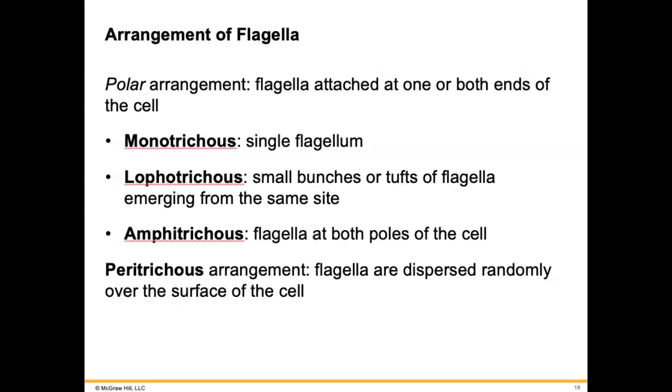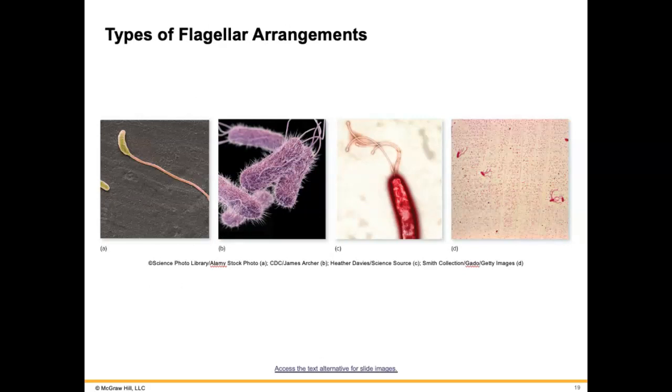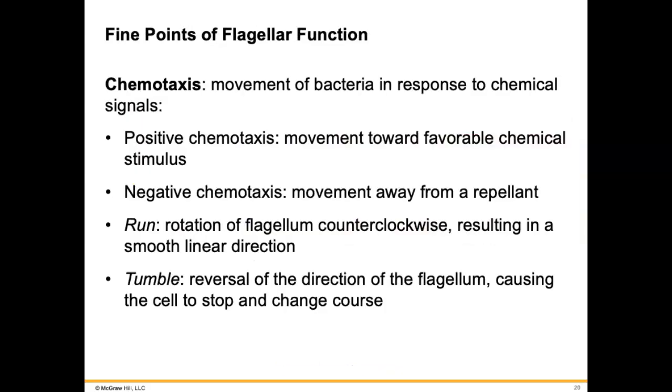So in a peritrichous arrangement, the flagella are dispersed randomly over the surface of the cell, so all around the cell. On the outside, of course. So here's some pictures of those. You're not going to have to ID those, but it's fun to check this stuff out in real life.